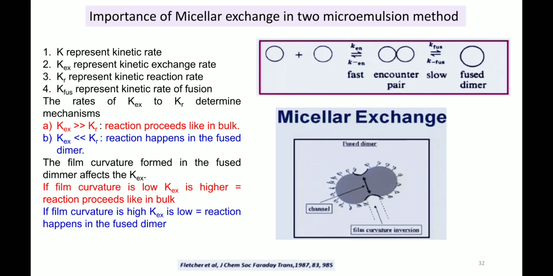Okay, what does it indicate? It indicates that the exchange is very high but the reaction is very low. It is exchanging reactant A and reactant B at a very high speed, but they are not reacting fast, they are reacting very slowly.